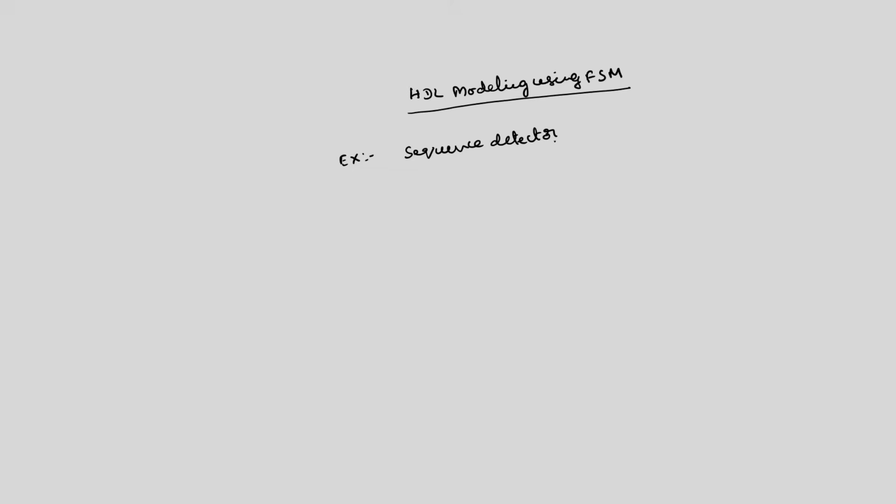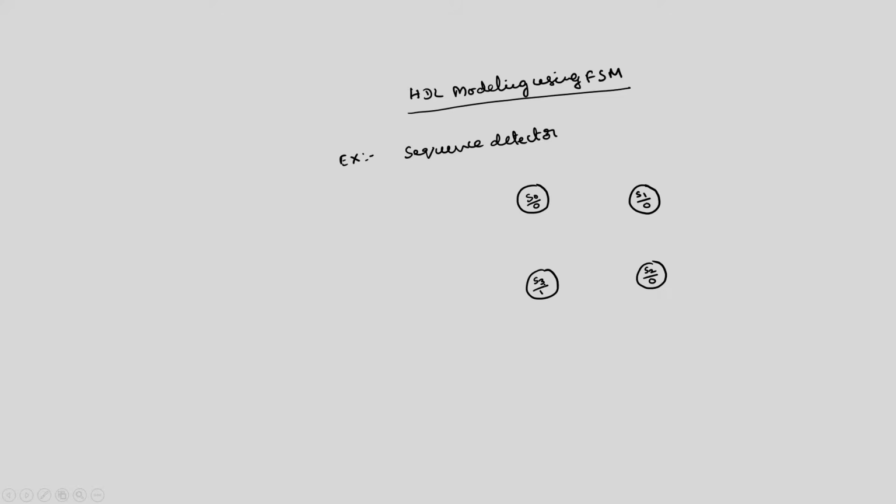We know the state diagram of this one has 4 states. S0 output is 0, S1 output is 0, S2 output is 0, S3 output is 1.